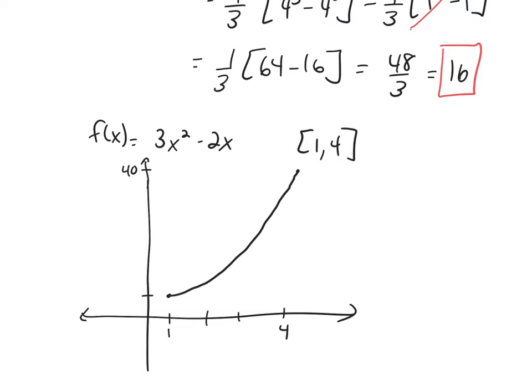And so what we learned is the average value is 16, which is in here somewhere, maybe a little higher here, 16. And so you can think in terms of like rectangles. So here, if I look, where does this cross my function? Right here.